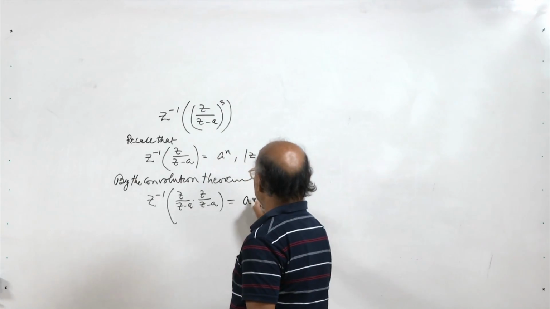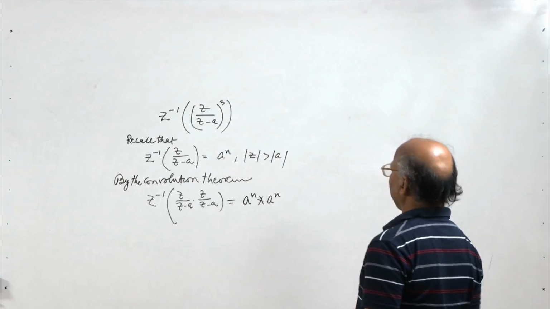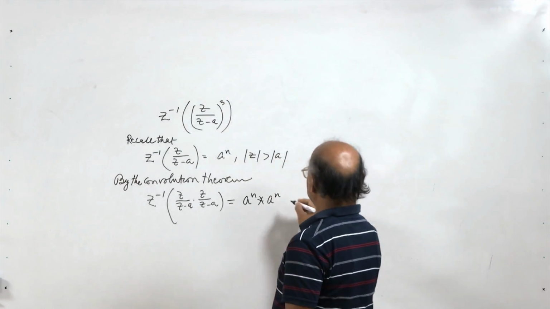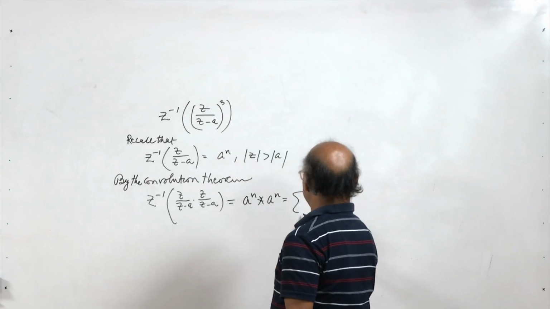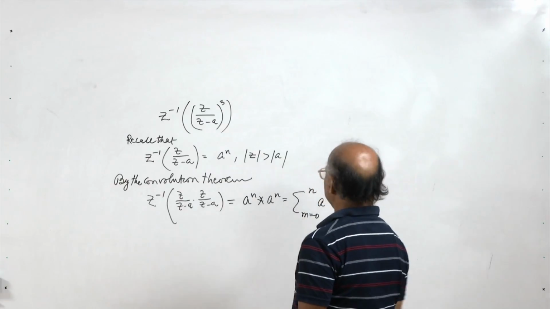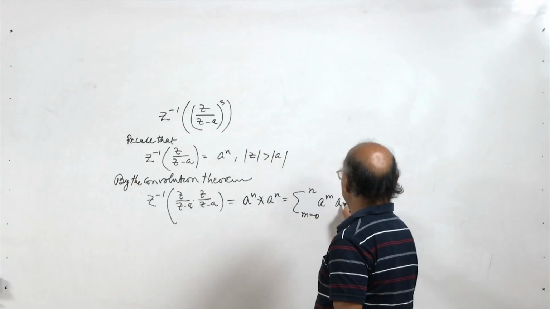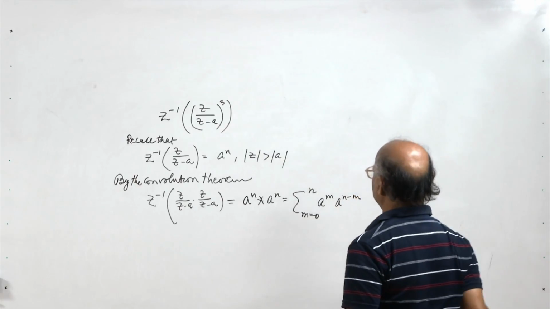So, a^n star a^n, the convolution of a^n with a^n, is equal to sigma m equal to 0 to n of u_m, which is a to the power m, into v_(n minus m), which is a to the power (n minus m).